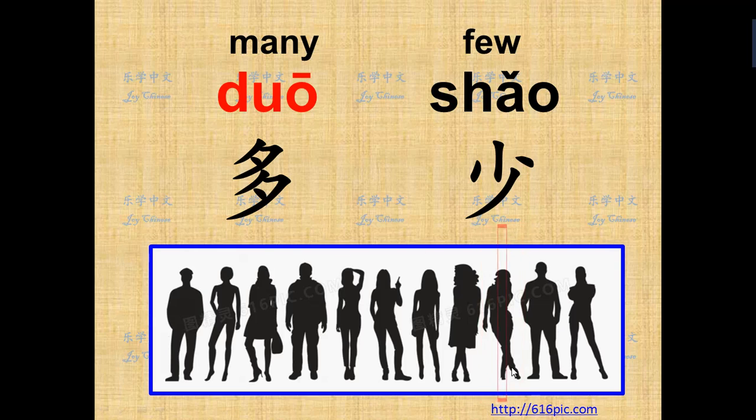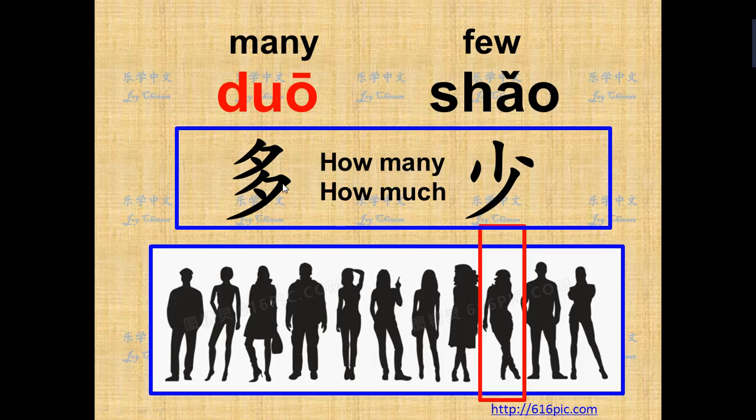And if there's just one or two, it means 少. These two characters are actually opposite words. If you combine these opposite words together, 多少, it means how many or how much, and it is a question. For example, how much money do you have? Or how many people are there in your family? We ask 多少.